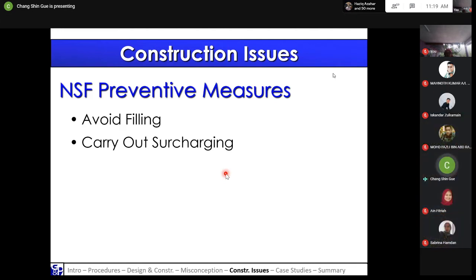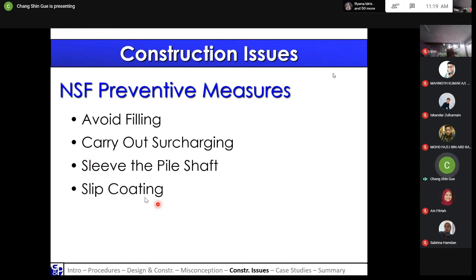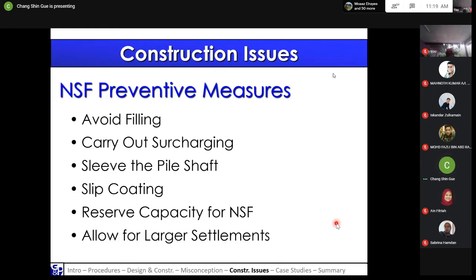So surcharging is a form of ground treatment. And you can also sleeve the pile shaft or apply slip coating. That means that you allow the ground to settle, but it does not pull down the shaft. So these are the things that you can also do. And most importantly, reserve the capacity minus the negative skin friction, and also allow for larger settlement.